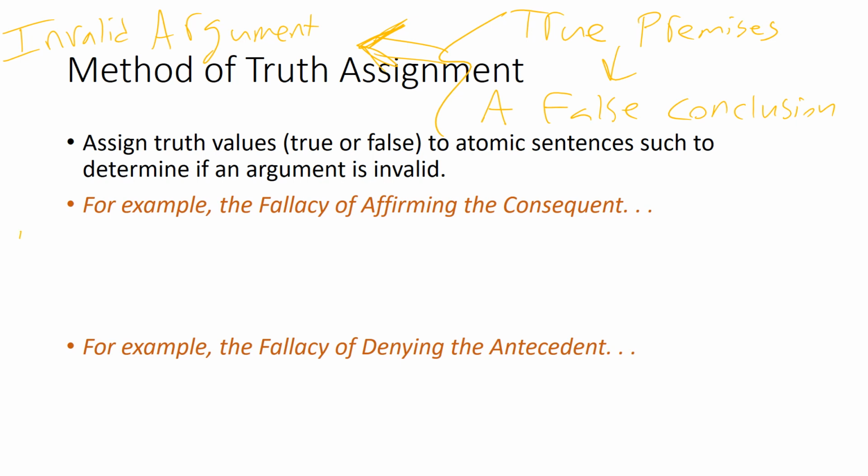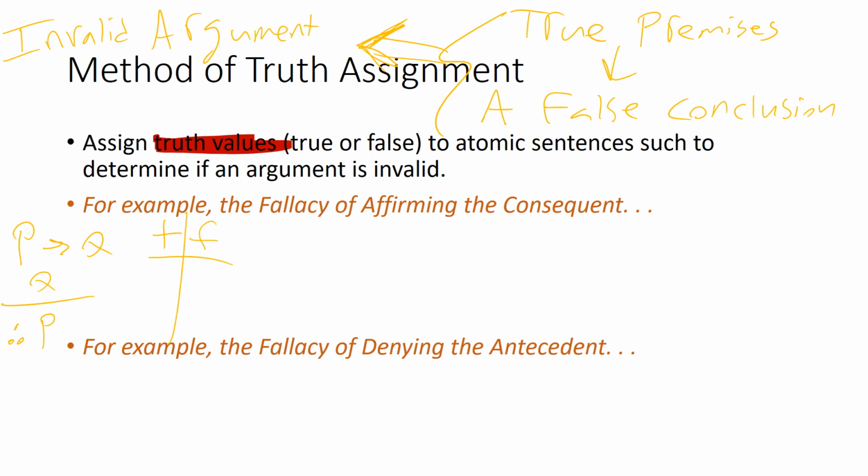So once again, let's consider the fallacy of affirming the consequent. Someone argues, if P, then Q, Q, therefore P. What we're going to do is assign truth values to the atomic sentences to determine if an argument is invalid. So we're going to create a table.